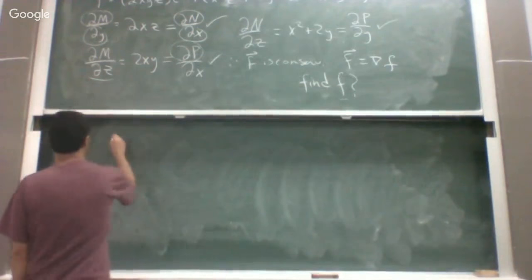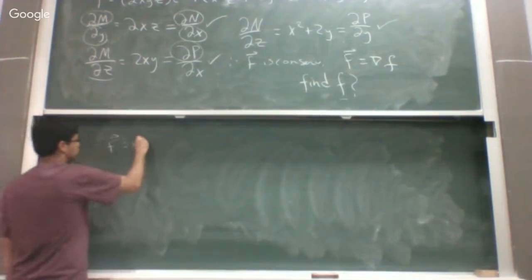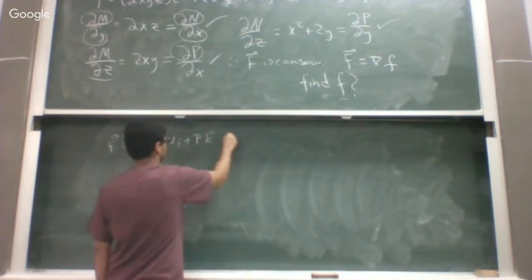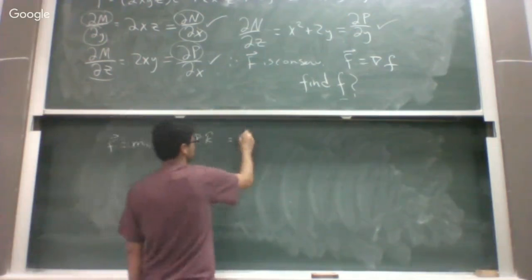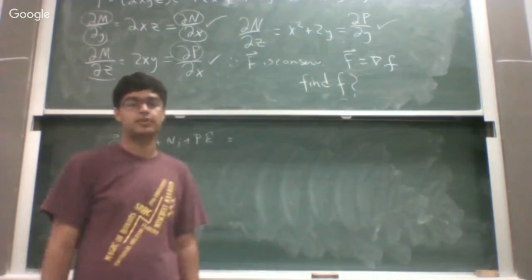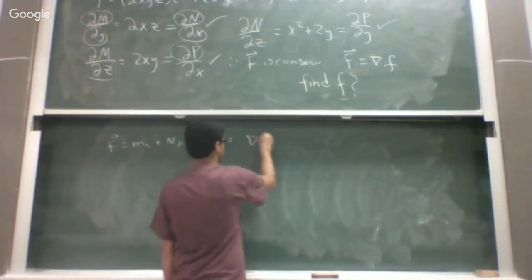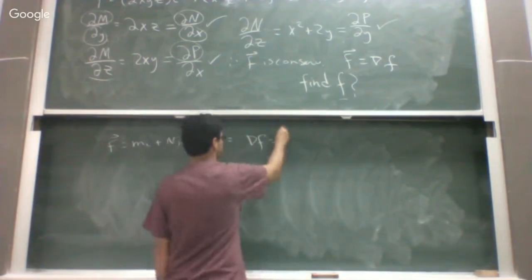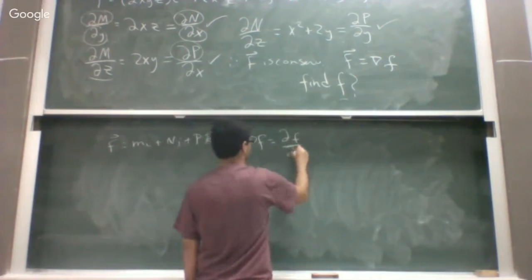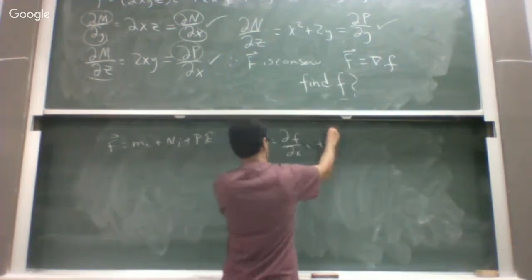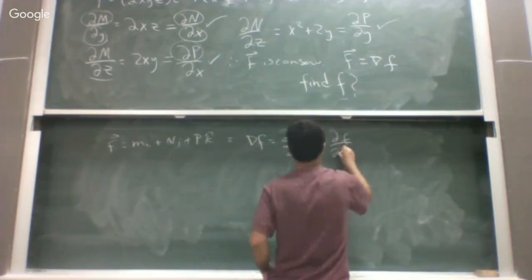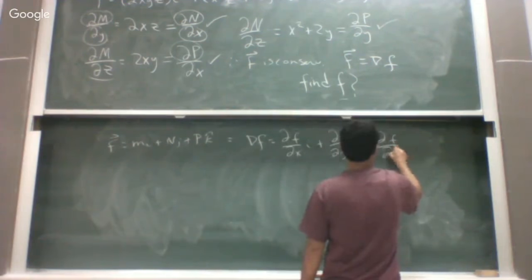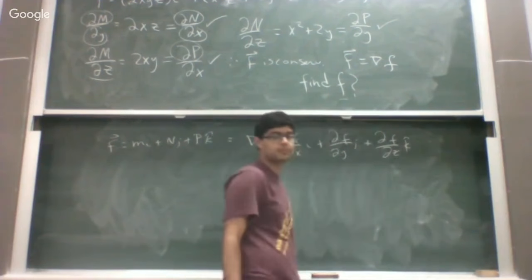So f is normally mi plus nj plus pk, and that's equal to the gradient of f. The gradient of f is the partial of f with respect to x, i, plus the partial of f with respect to y, j, plus the partial of f with respect to z, k.